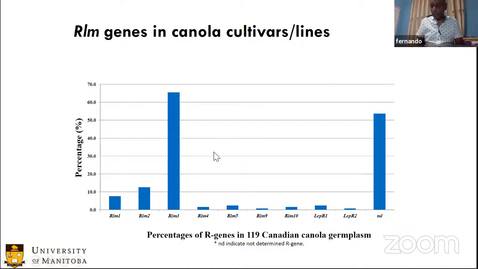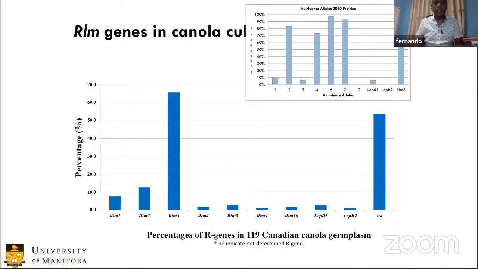And so one of my PhD students did this research in identifying all the R genes in Canadian germplasm. All the companies participated and we were able to identify the R genes. At the same time, another master's student in my lab was able to identify the AVR genes, and you see that the Avirulence genes are at about 3%.